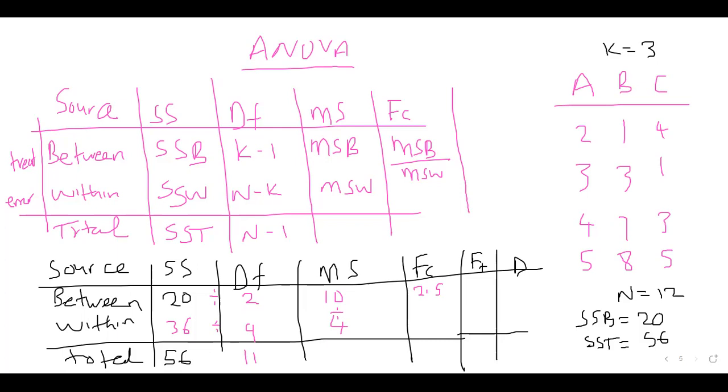Sorry, how did you get the degree of freedom for the within? There's a question there. It is N minus K. You've been given an N, which is 12, and you've been given a K, which is 3. So when you subtract 3 from 12, it gives you 9. Oh, okay, thank you.